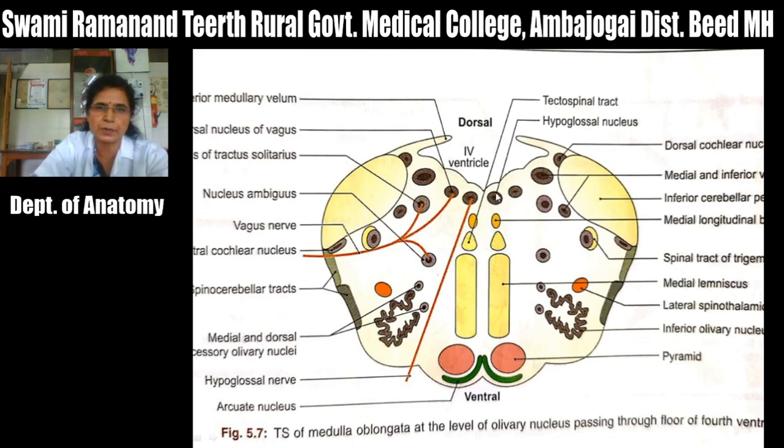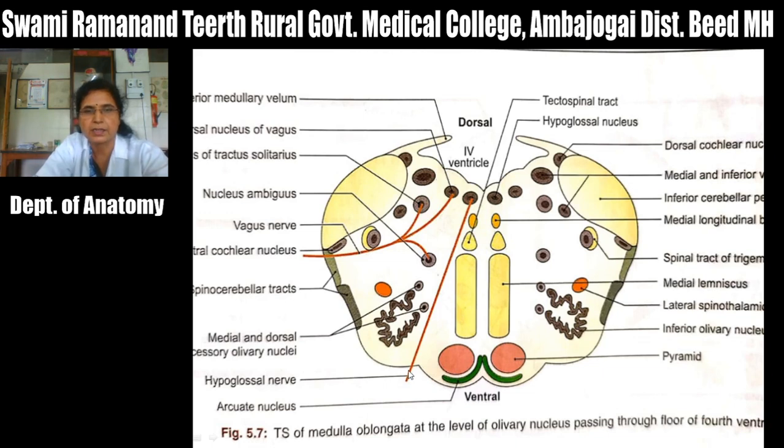Its functional component is somatic efferent, that means it supplies the muscles derived from the somites. Its afferents are the corticonuclear fibers from the motor cortex of the cerebral hemisphere.